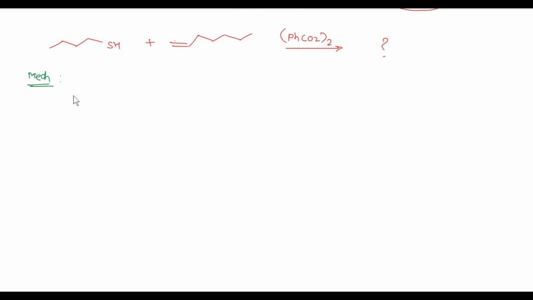So in the first step, formation of Ph radical takes place from this benzoyl peroxide and we get 2 Ph radicals.